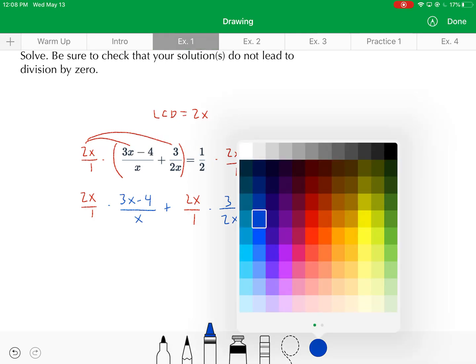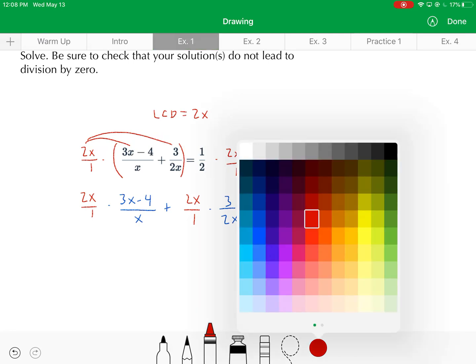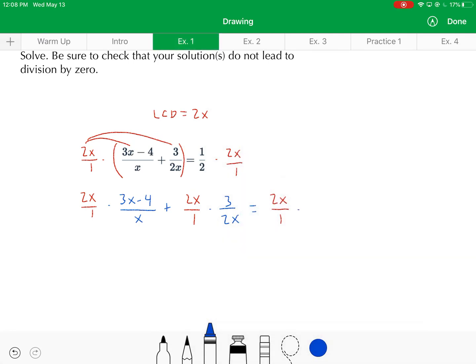And then that's going to equal 2x over 1 multiplied by 1/2. Notice the use of color here. Anything that's in blue comes from the original equation, and red is just that common denominator that I'm multiplying by.